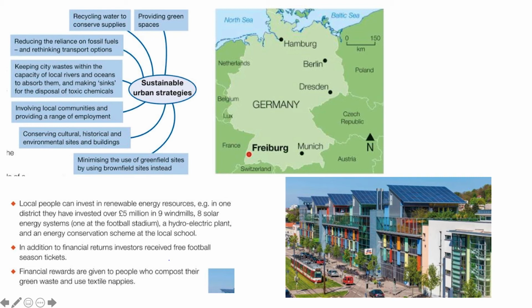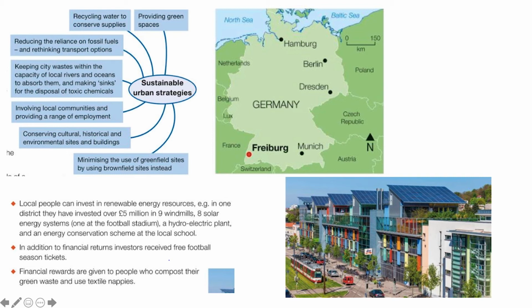Now, a greenfield site is an area of virgin land that's never been built on before, whereas brownfield sites are areas that have been built on and are maybe derelict or no longer in use, and it's about reusing those areas that have been built on before.